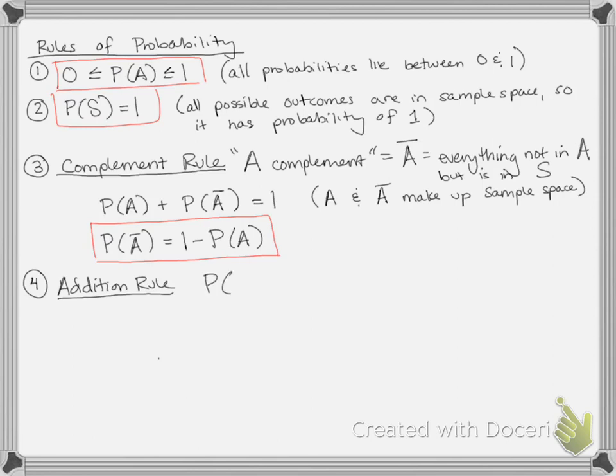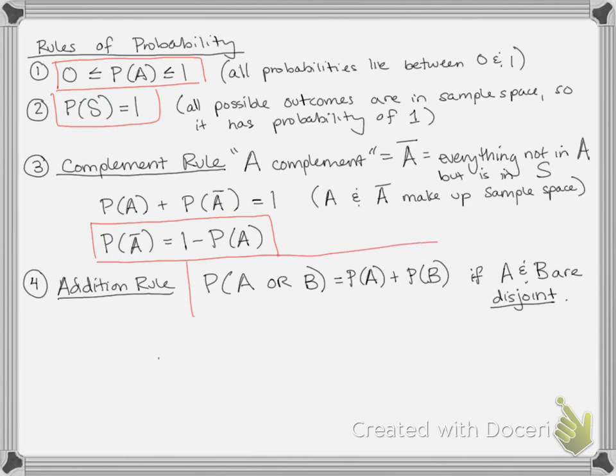The probability of A or B is equal to the probability of A plus the probability of B if A and B are, and we refer to them as disjoint. Okay, so this addition rule has a caveat. It works, but I need to make sure that A and B are, quote, disjoint first.